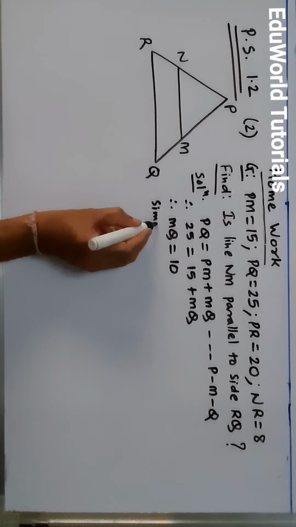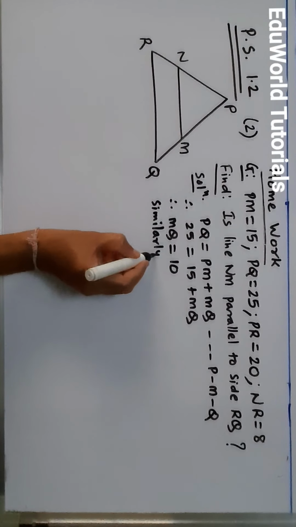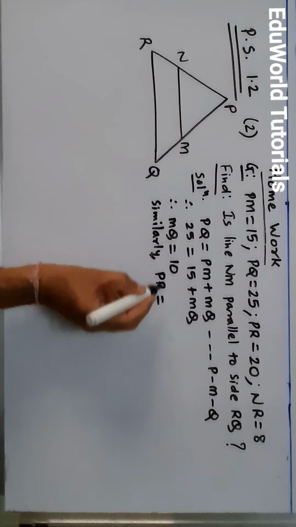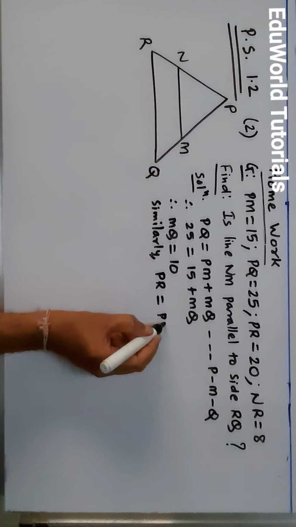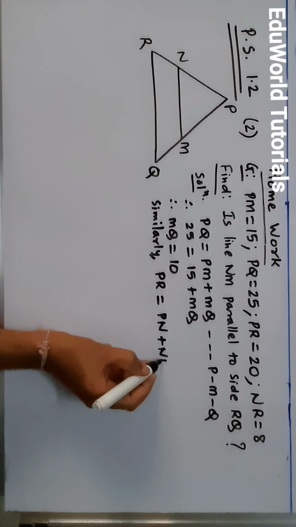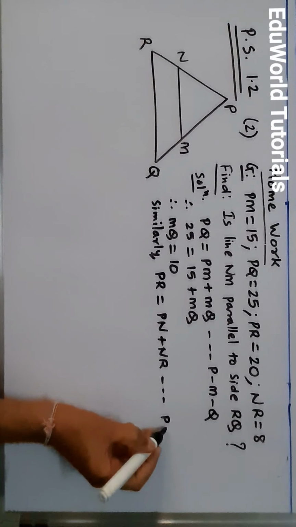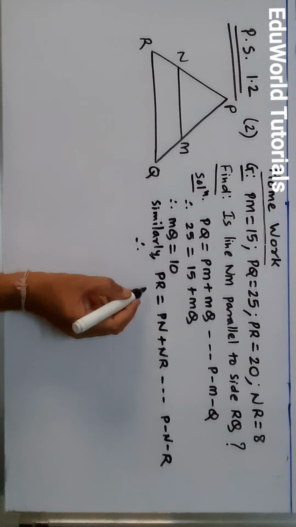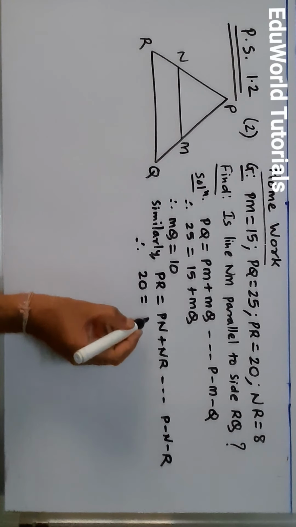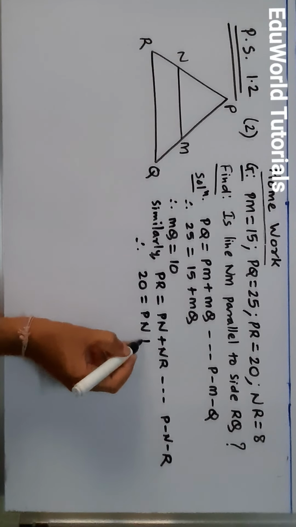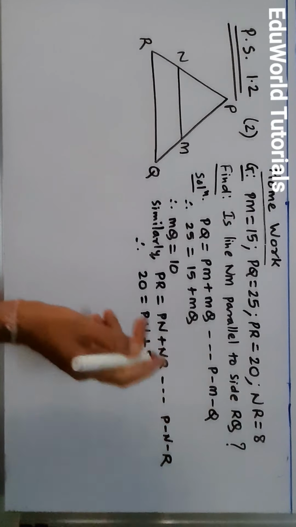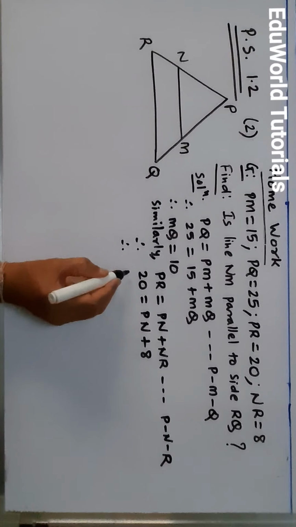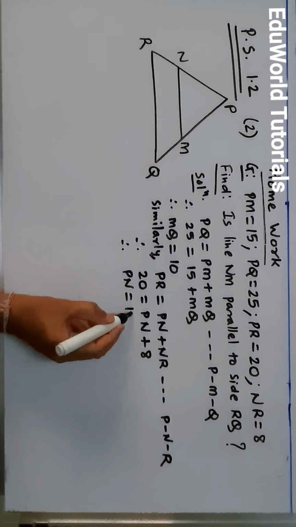Similarly, for other side also we'll find side PR. Side PR is sum of two segments, PN and NR, because these points are collinear, P-N-R. Now side PR is given 20, PN we don't know, but NR is given 8. So 20 minus 8 is 12. So PN is equal to 12.